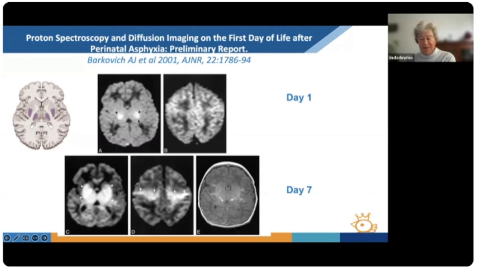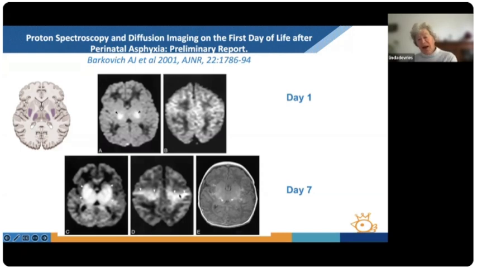But then the baby had a second MRI on day 7, and now you see that the total area of the basal ganglia, the caudate nucleus, and the thalami, but also the peri-Rolandic cortex, are all affected. And so this will give you a completely different picture, and also a completely different talk to the parents about subsequent outcome. So please don't do it on day 1 or day 2.